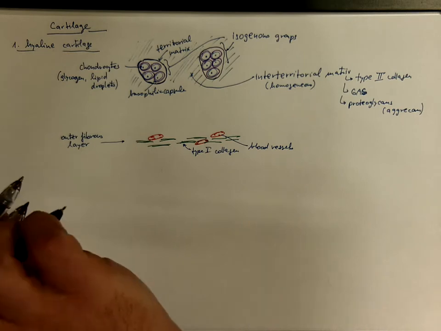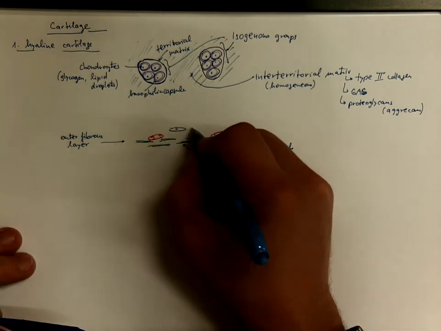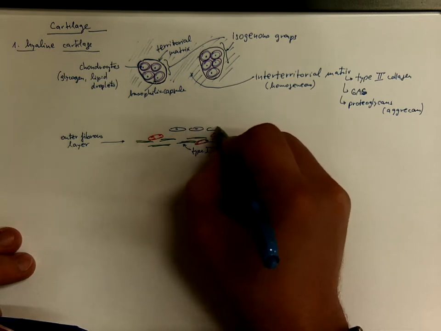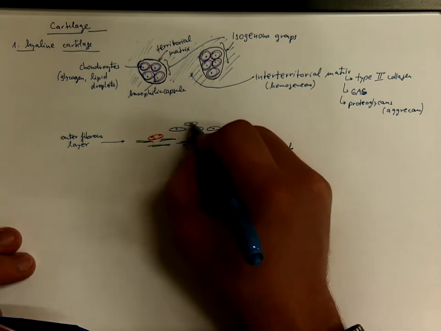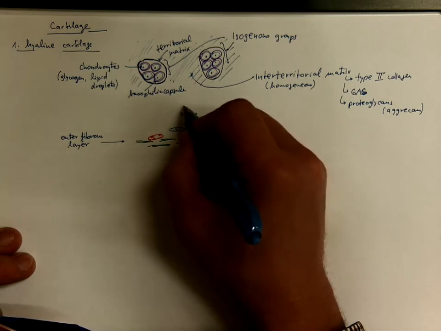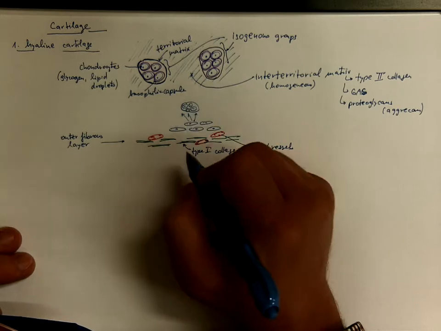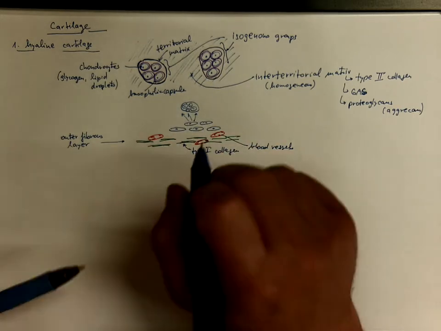While the inner layer of the perichondrium contains young cells called chondroblasts that are able to undergo mitotic division, where the progeny of a single mother cell remains together, thus forming new isogenous groups.